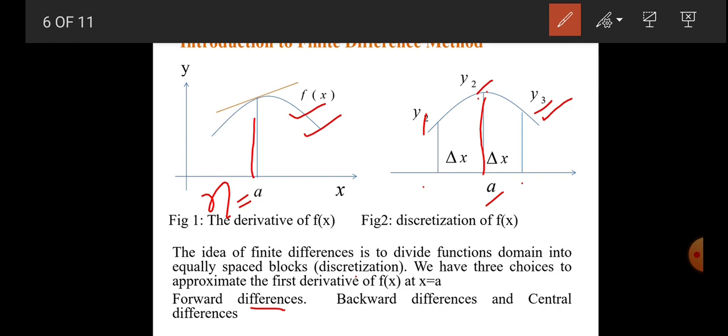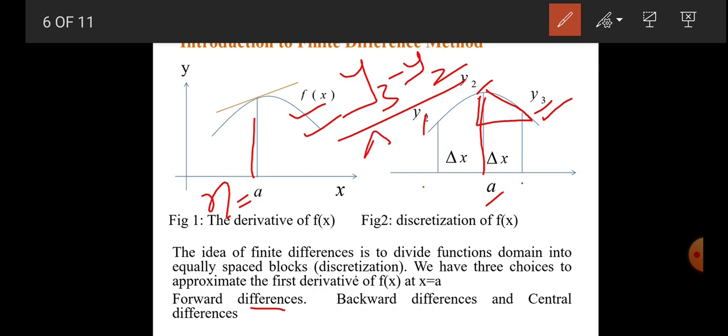So we have to take a slope between these two, so it becomes y3 minus y2 divided by del x. If this difference is del x, we can differentiate and solve this domain by taking a forward difference.